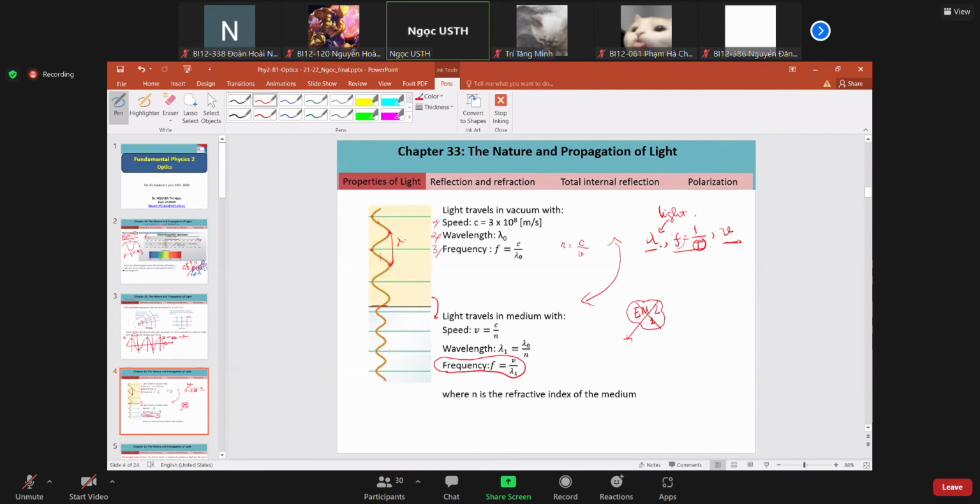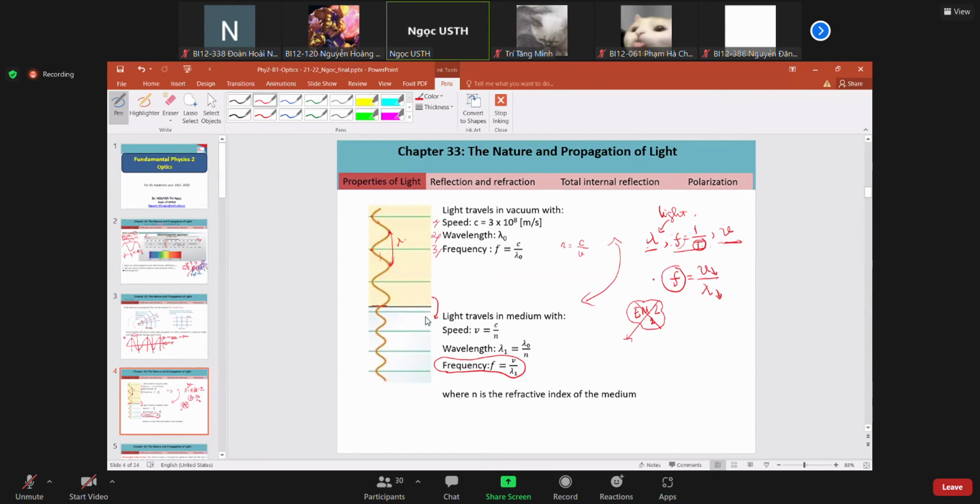So the relationship between those properties is f equals velocity over wavelength. So if frequency doesn't change and velocity decreases, the wavelength should decrease too, because frequency doesn't change, right?